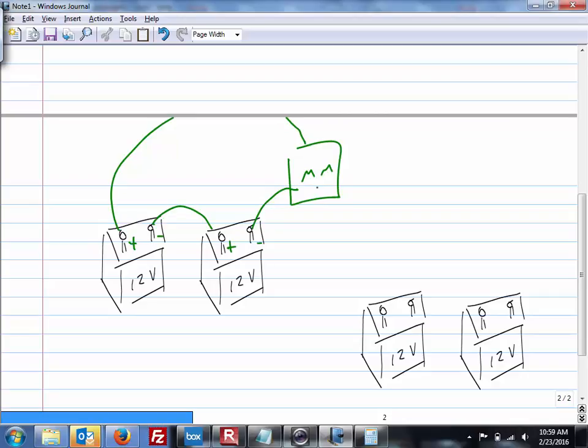What's my voltage on my multimeter up here? 24. There we go, because they're wired in series.